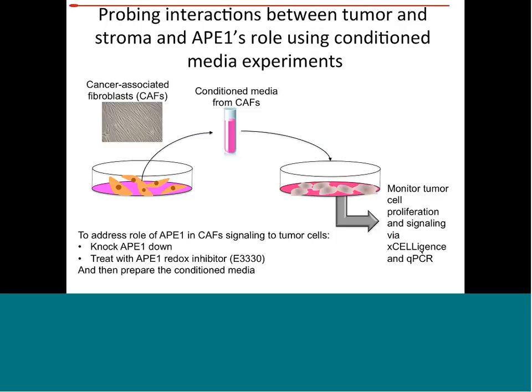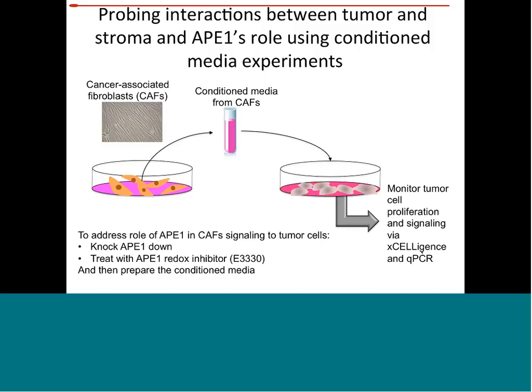The other experiments that we've been doing is looking at how the tumor and the stroma are interacting using conditioned media. We use the cancer-associated fibroblasts, make conditioned media, take that media and put it onto the cells, and then we can monitor the proliferation using xCELLigence and qPCR.